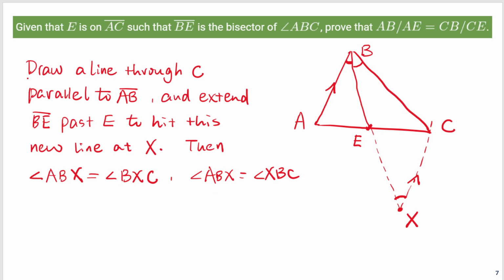This is already given to us. So this side equals this side because this is an isosceles triangle. And parallel lines give us this angle equals this angle, right?